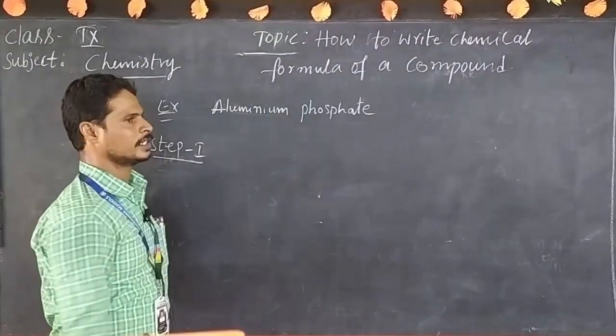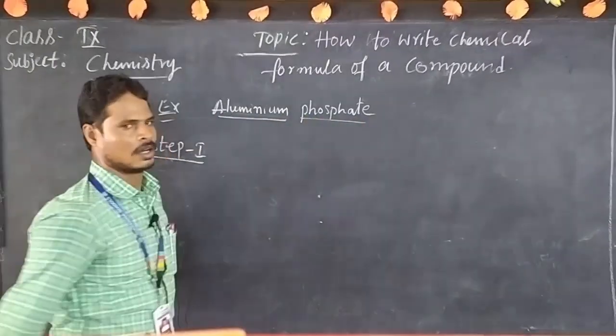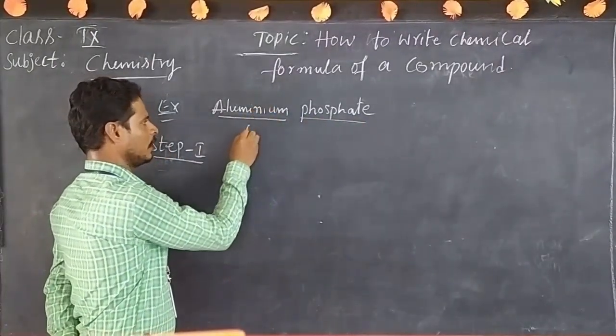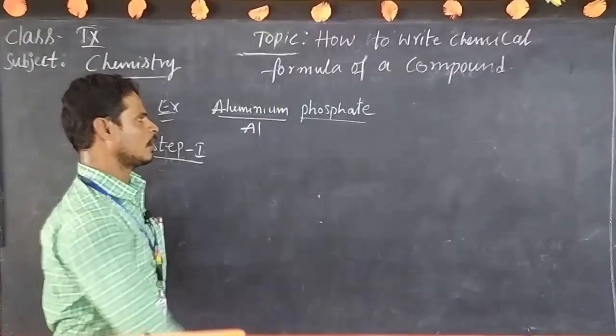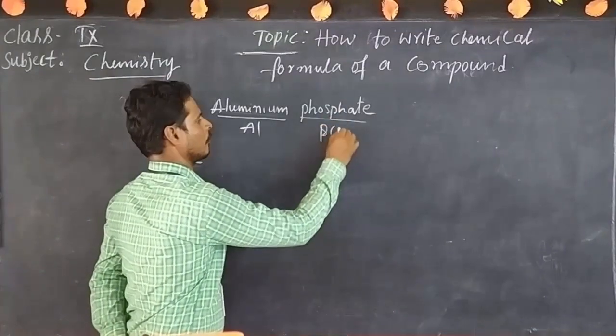Here aluminum is cation, phosphate is anion. What is the symbol of aluminum? Al. What is the formula of phosphate? Yes, PO4.